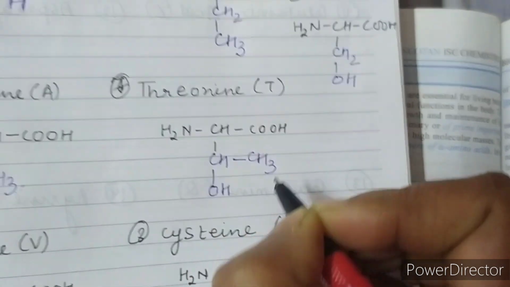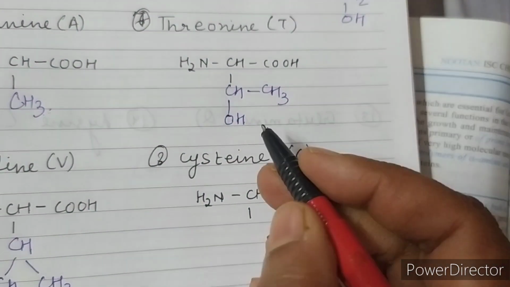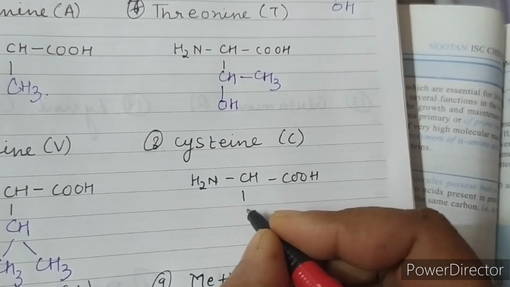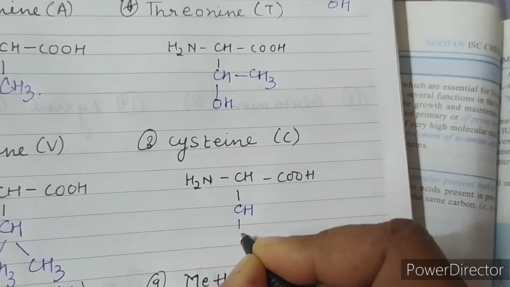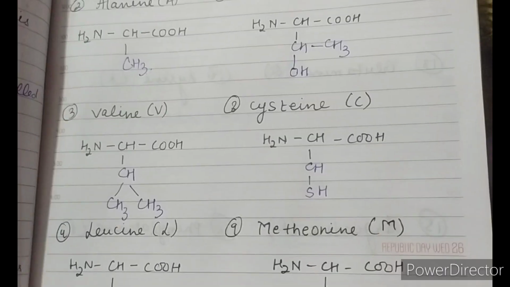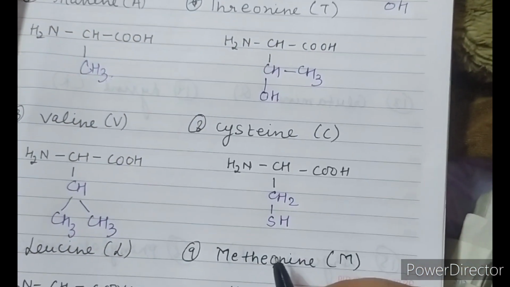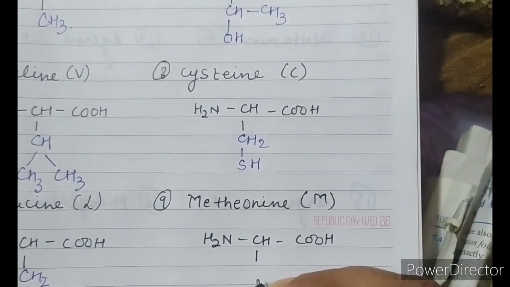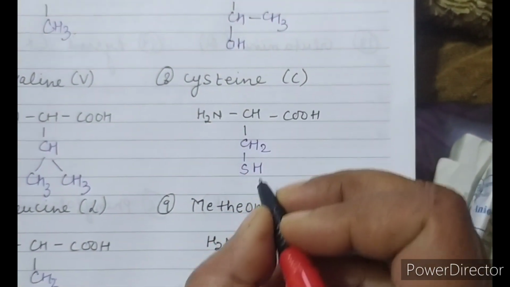That becomes threonine, represented by T. In the case of cysteine, instead of OH, we will put SH. So that is CHSH. Sorry, CH2SH in cysteine.